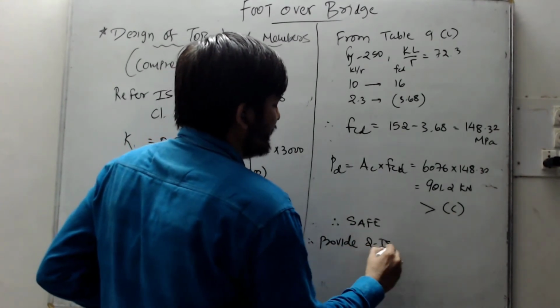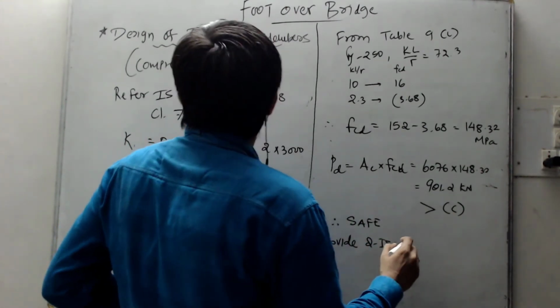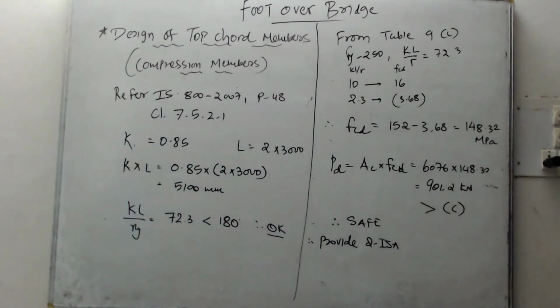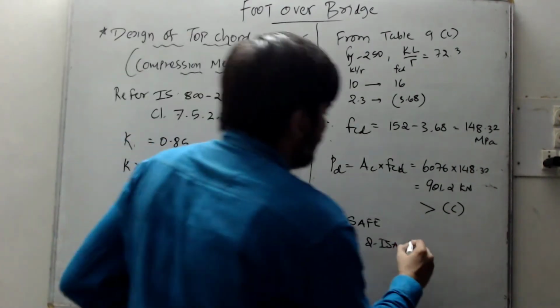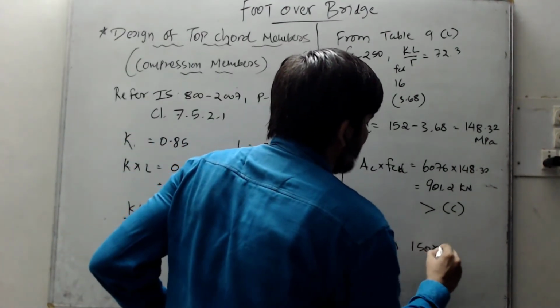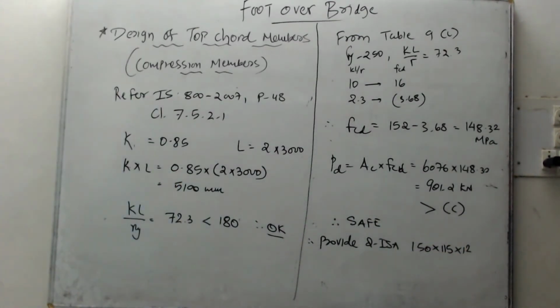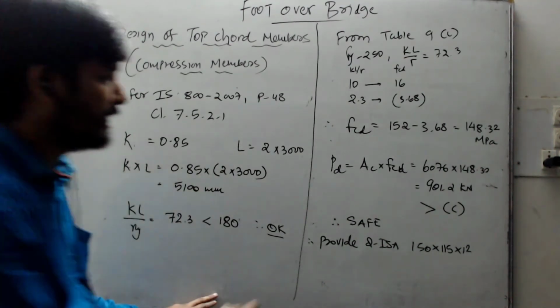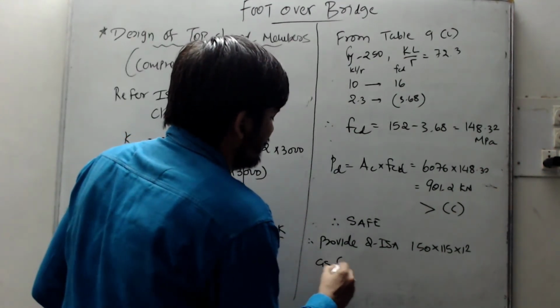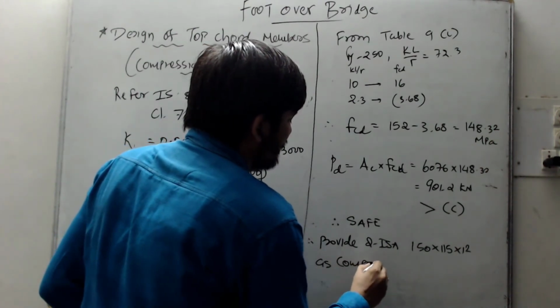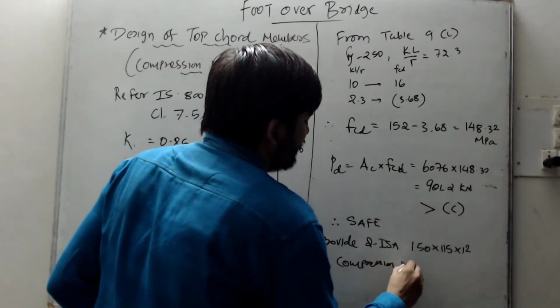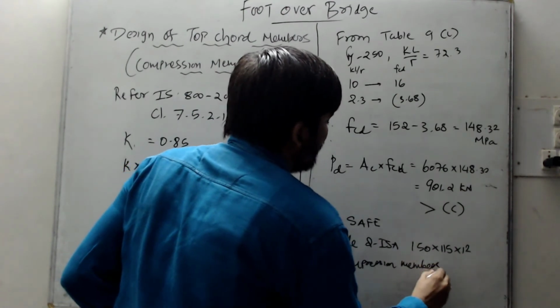two ISA. What is the size? ISA 150 by 115 by 12 as compression members.